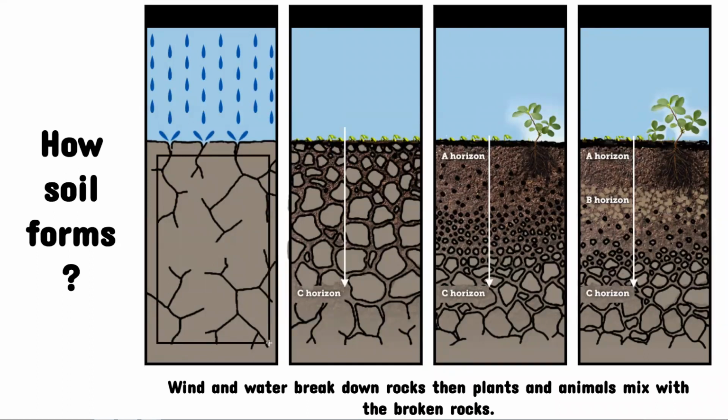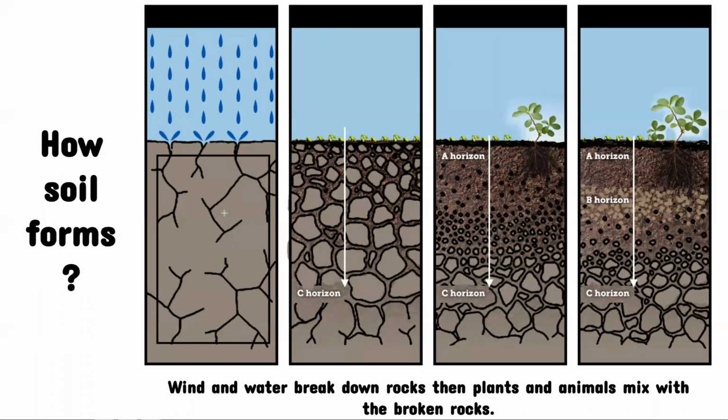Here are big rocks. Now, water and wind, which is strong air, start breaking down rocks. These big rocks have to be broken. How do they get broken? By wind and water.